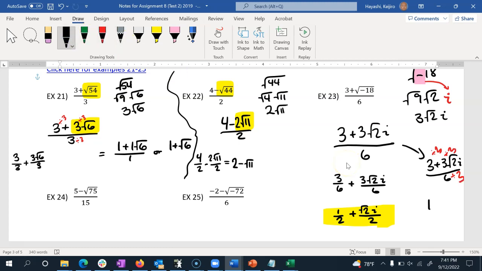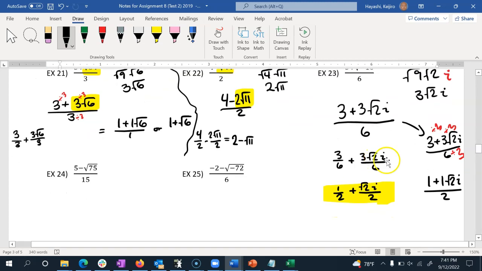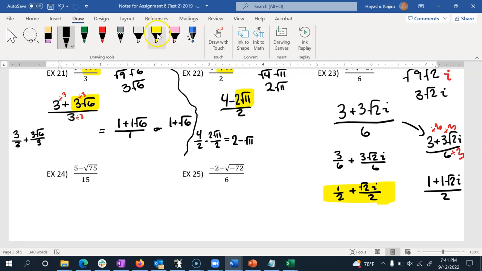So that's 1 plus 1 square root of 2 i over 2. The 1 right there in front of the radical is operating as a coefficient, and in the usual way, when 1 is a coefficient, you don't actually have to write it. So you can just write 1 plus the square root of 2 times i all over 2. And either of these ways of writing it is good.